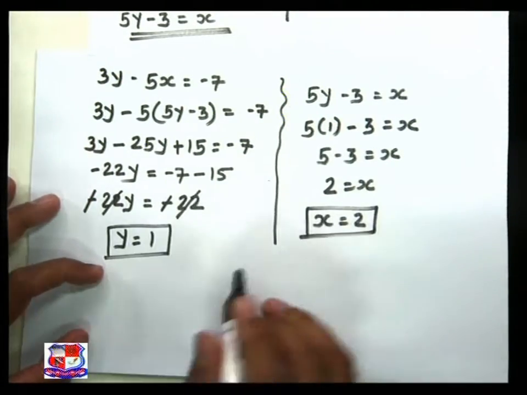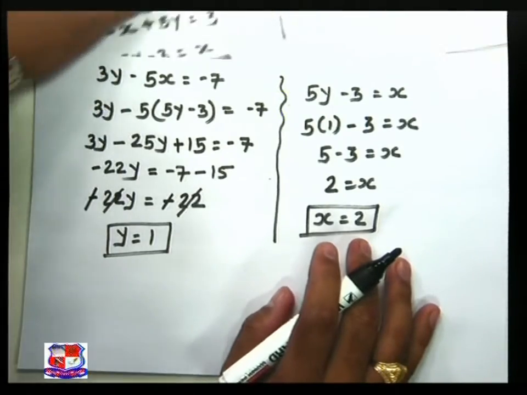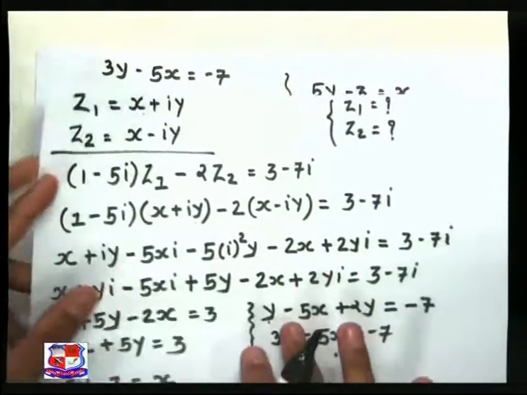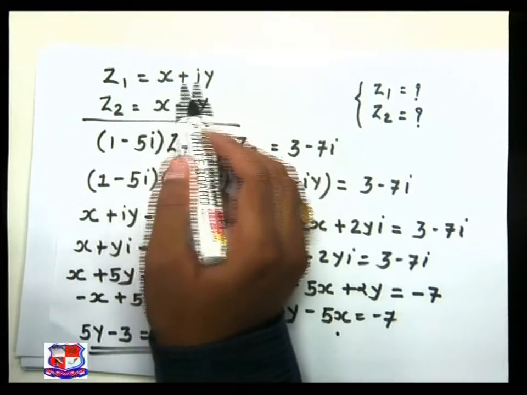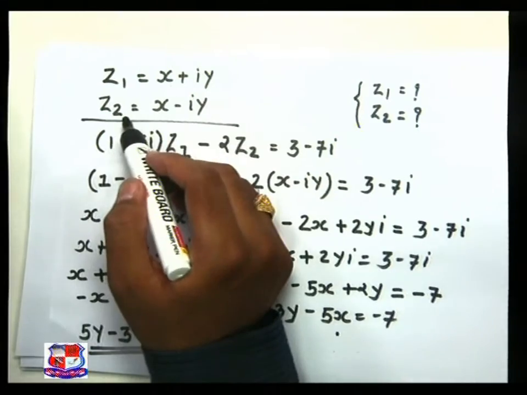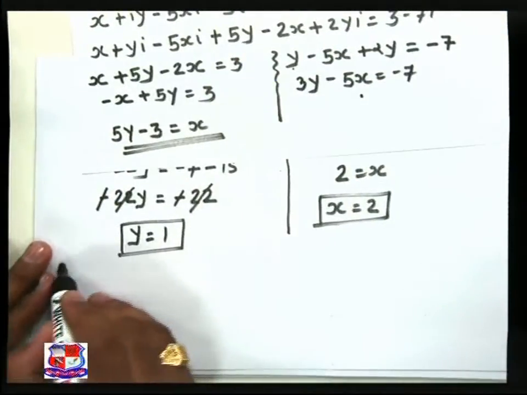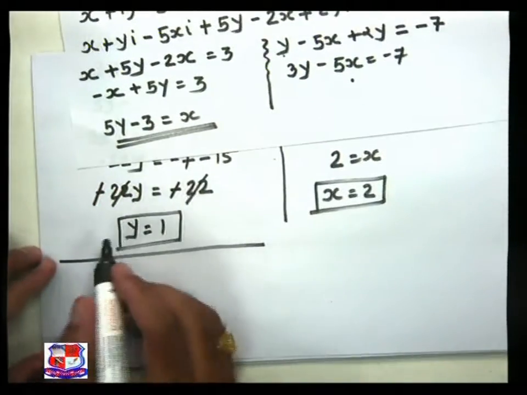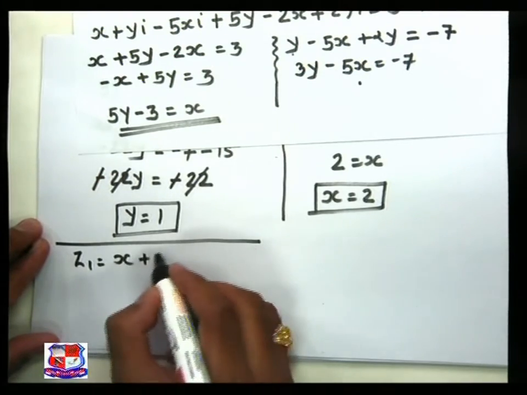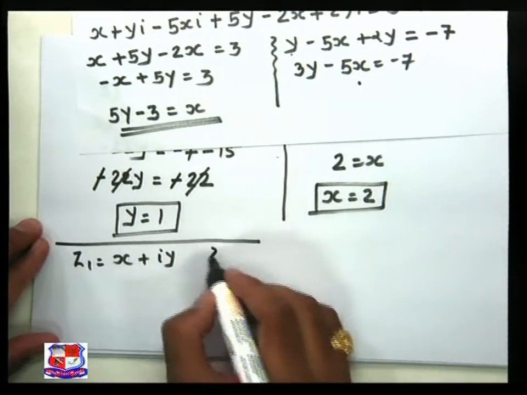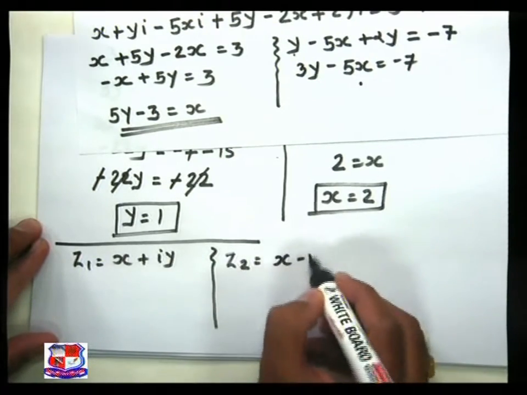So our value of x and y that we can find out, that is x equal to 2 and y equal to 1. Now we want to replace z1 is equal to x plus iy and z2 is equal to x minus iy. So z1 is equal to x plus iy and z2 is equal to x minus iy.